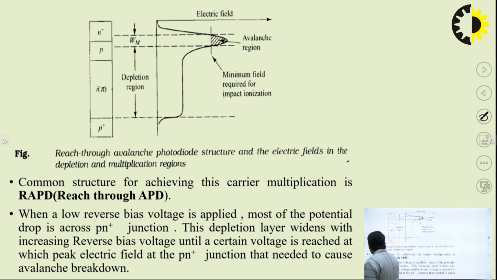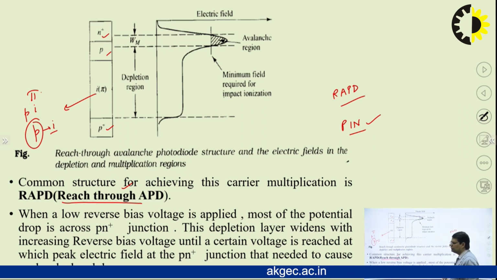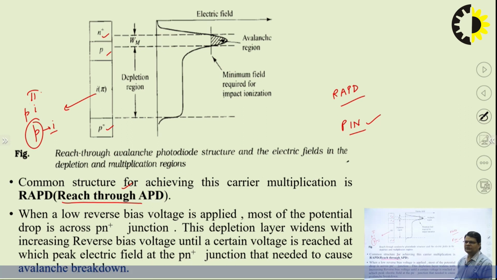To achieve the internal gain, we have to use a special structure known as reach through. That's why this APD is also known as RAPD. So this is the structure for RAPD. We have an N positive layer, a P type layer, a P positive layer, and then an intrinsic layer, the I layer or pi, with slight P type doping. And as compared to PIN, we have to use a slightly higher reverse bias.